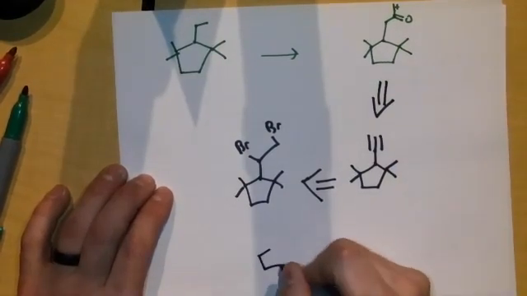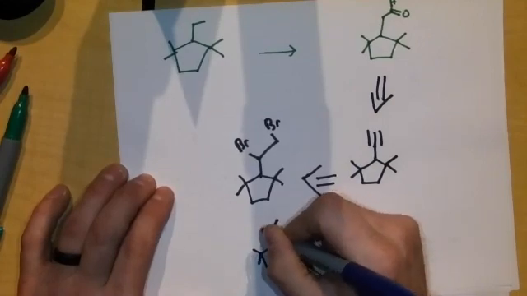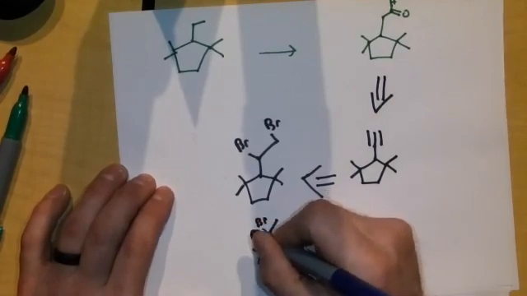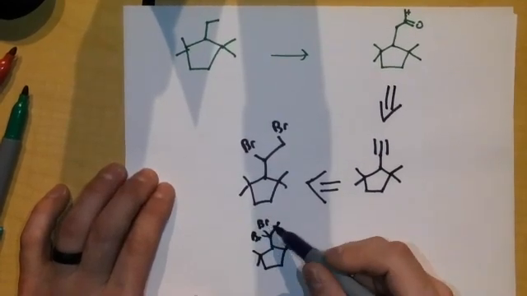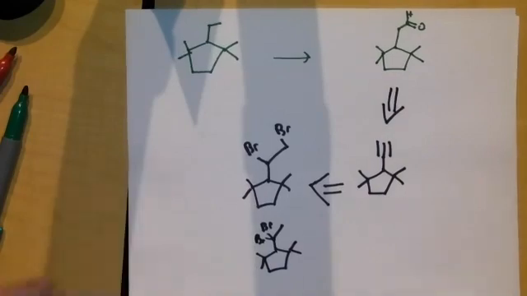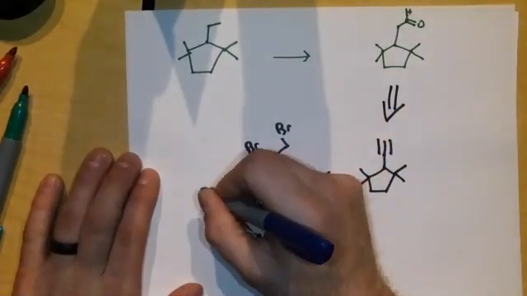You could also have this where they're both on the same carbon. The problem with this is that you actually need an alkyne to make this, so that's redundant. Why would you make an alkyne to get rid of your alkyne to make your alkyne?